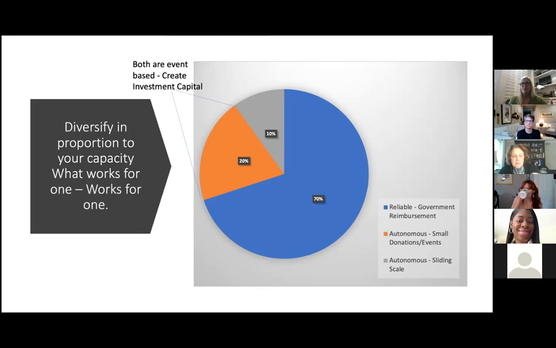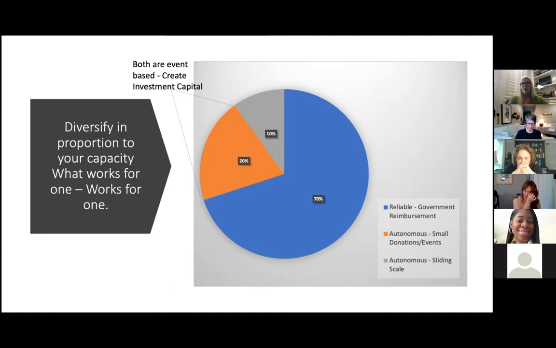There's generally an indirect rate that you can qualify for, or be approved rather, and those can range anywhere from 10% to 25% or above. And so in this model, that's what they have there. And then they have autonomous, what we call small donations and events, which create autonomous revenue that is not encumbered, is just pure margin.